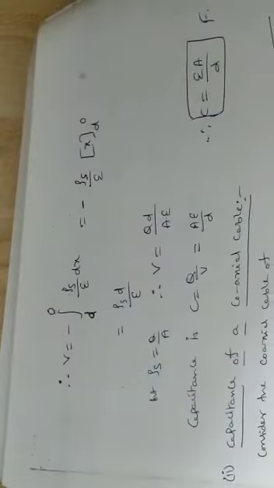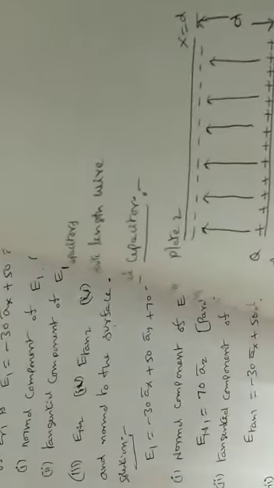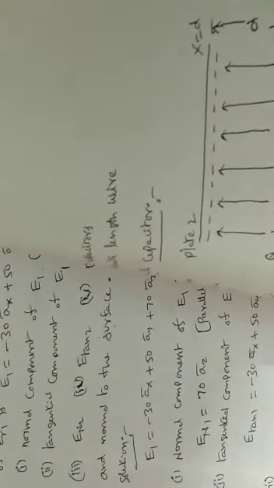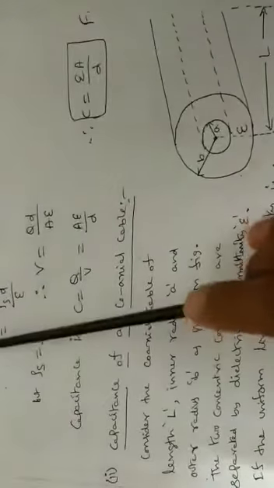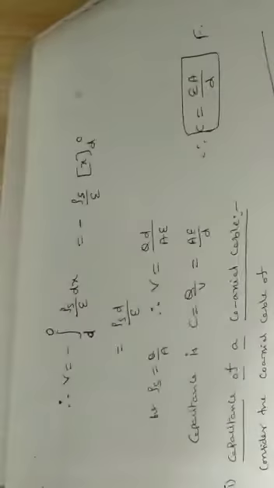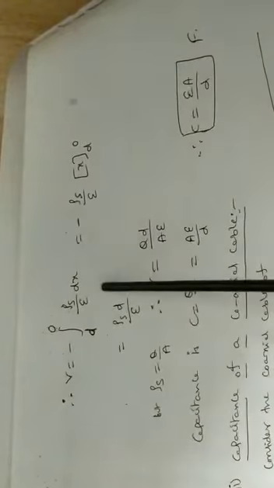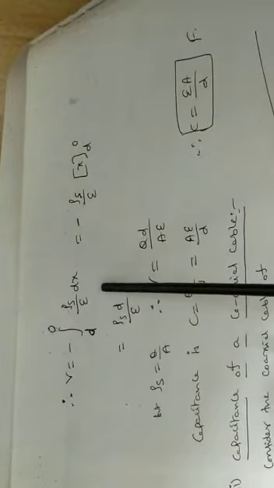The next step is to substitute in the formula V is equal to minus integration, where the limits change from 0 to d, because the distance between the two plates is d meters. So V is minus the integral from d to 0 of rho s divided by epsilon dx, which you got from the previous equation.